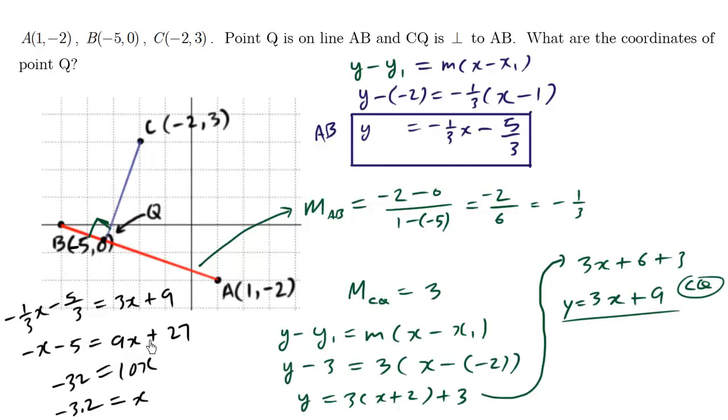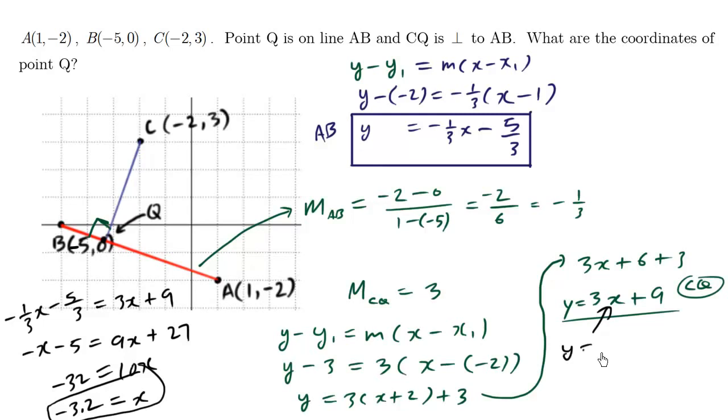Now we could have also kept this as a fraction and reduced it, but in this case we'll just be satisfied with decimal numbers. So once we have the x value, you can plug it into any formula to solve the y value of this point Q. So I'm going to plug in x equals negative 3.2 into this equation here, because this one looks pretty simple.